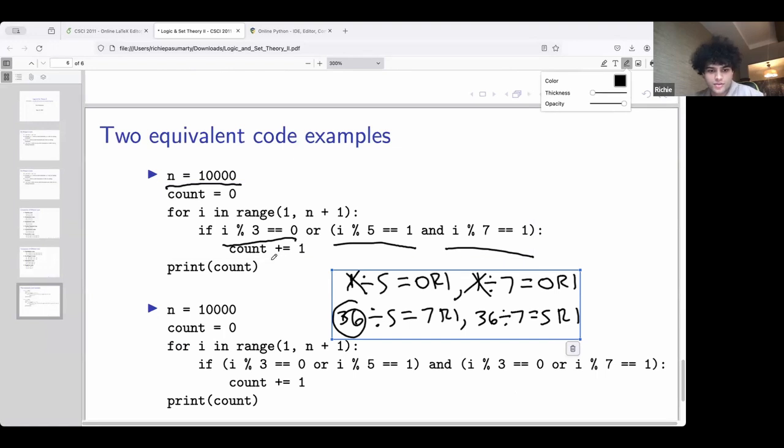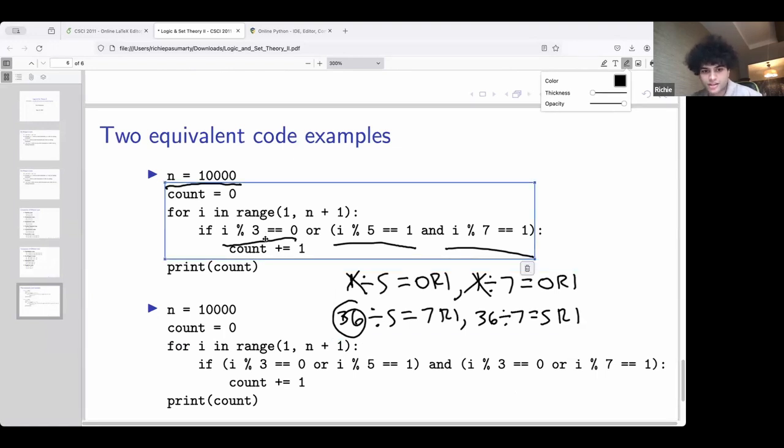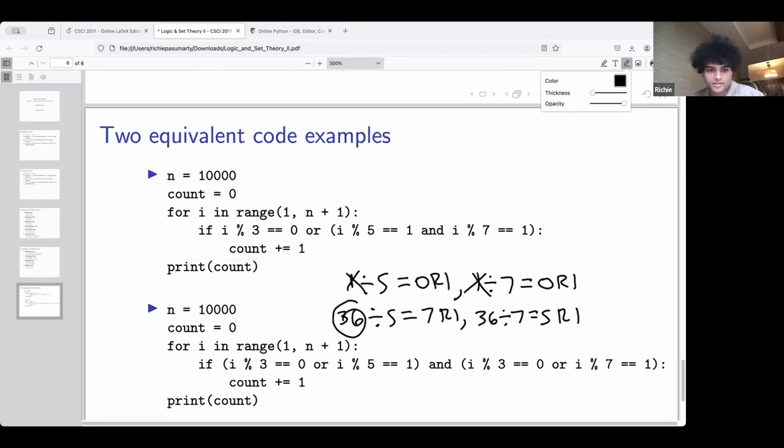For simplicity, we'll call this statement P, this statement Q, and this statement R. That means up top we have P or (Q and R).